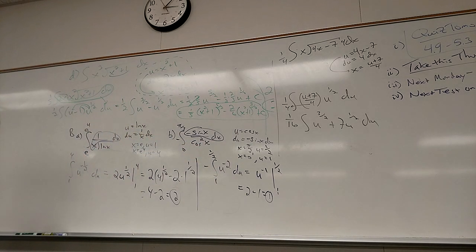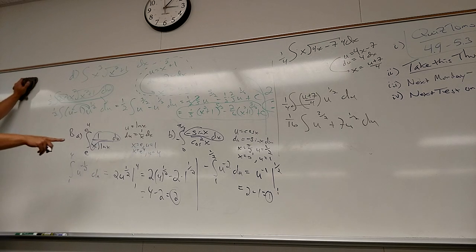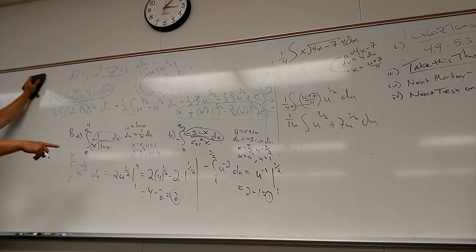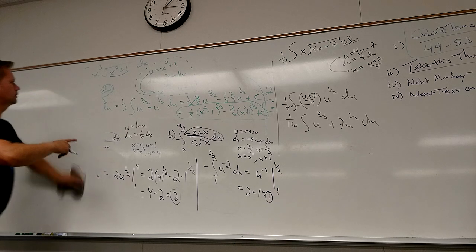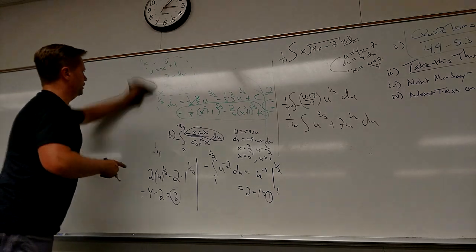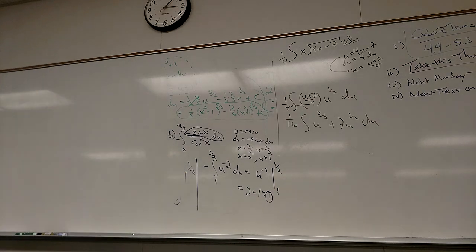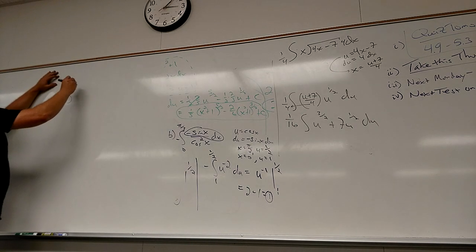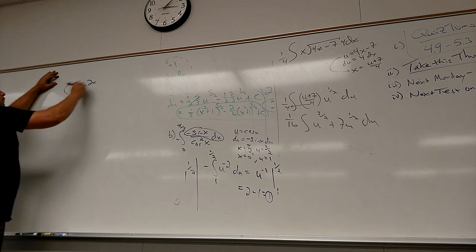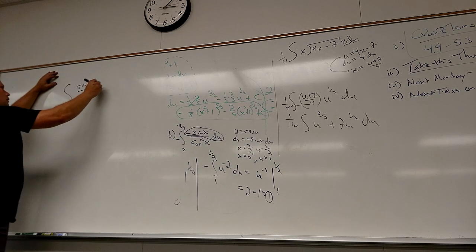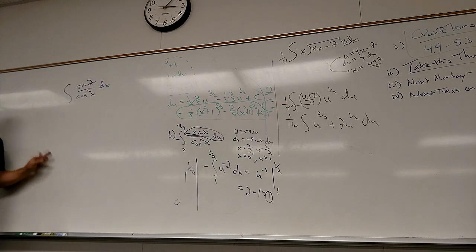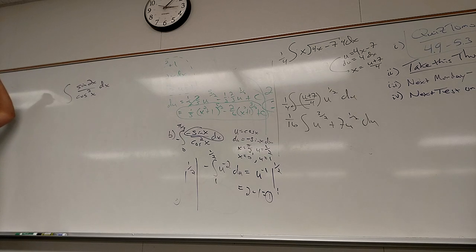Good. Real quick, let me see if you guys were paying attention to something that just happened. Some of you are like, I have no idea what just happened. So, what if I had this instead? See, that's a sine 2x. Let's see if you remember some basic trigonometry.